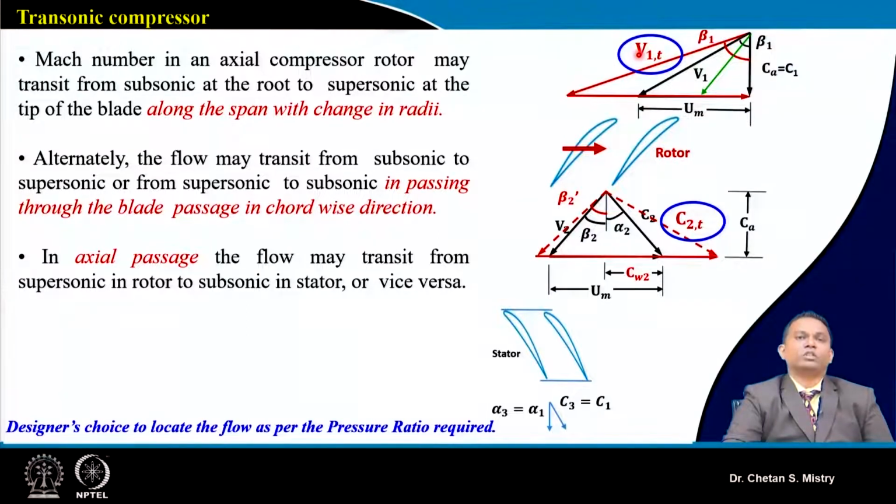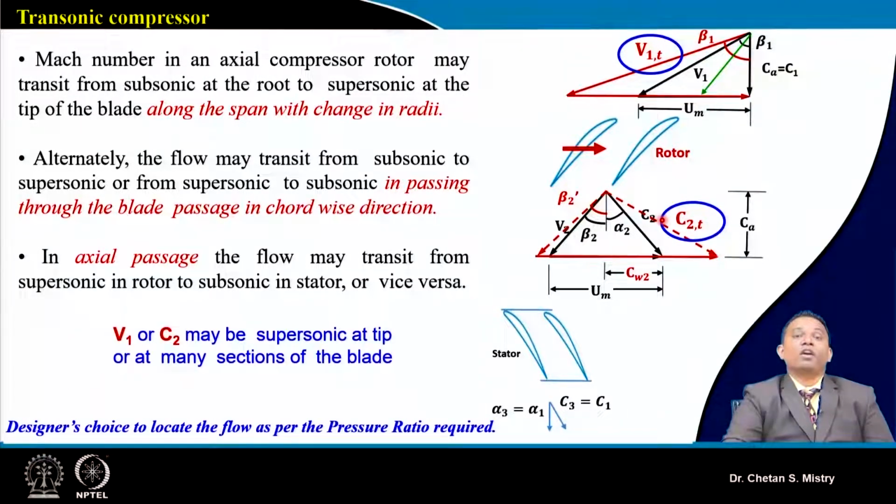It may be possible, and we have seen, that when we expect some kind of diffusion to happen in the rotor, the absolute velocity coming out from the rotor also has a higher value. It may be possible that my absolute Mach number will be larger, and that will give my flow entering inside the stator also to be supersonic.